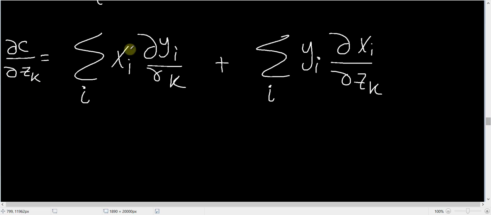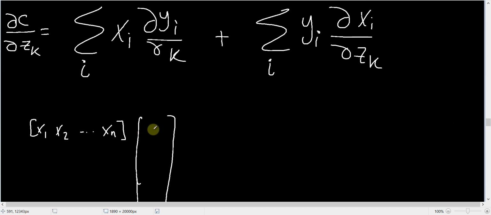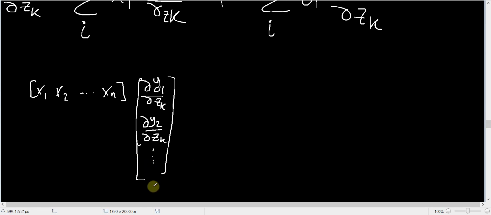Now this first term can be written as x1, x2 up to xn as a row, multiplied by a column. This is a dot product, so it is multiplied by a column that has partial y1 by partial zk, partial y2 by partial zk, up to partial yn by partial zk, right?